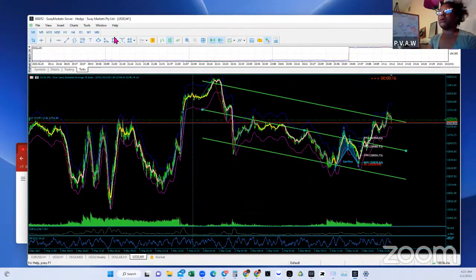If it breaks below this W, then there is a trend change. It's changing trend.